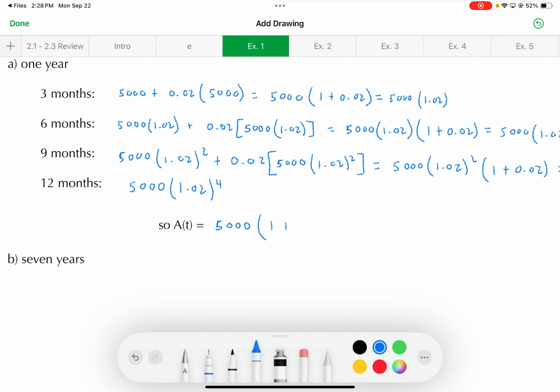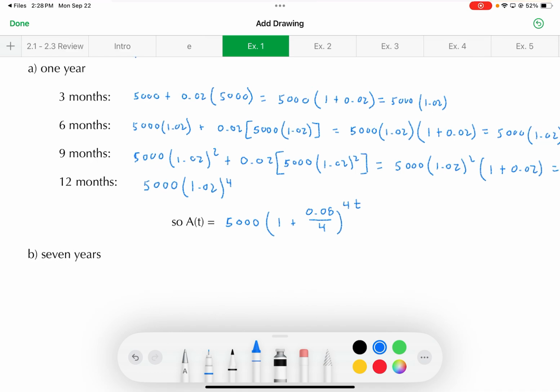The 1.02, we got the 0.02 of that by adding to 1 our original annual interest rate divided by the number of compounds, 4, right? And then instead of just raising this to the power of 4, we need this to work for any number of years. It's now going to be raised to the power of 4t. Everybody okay with that?